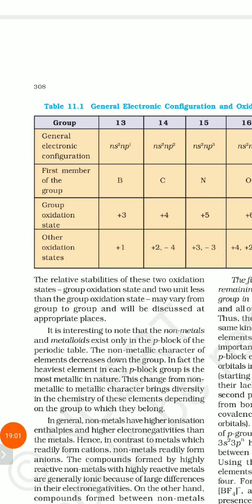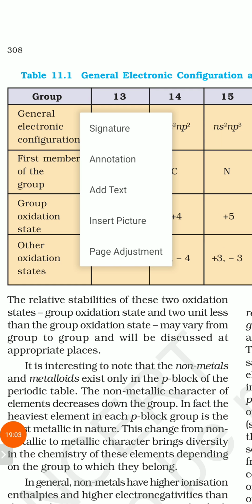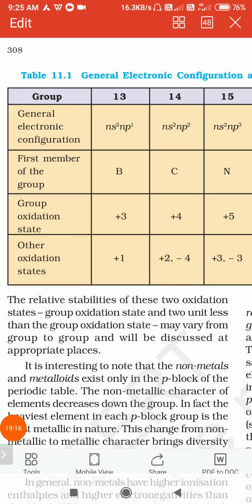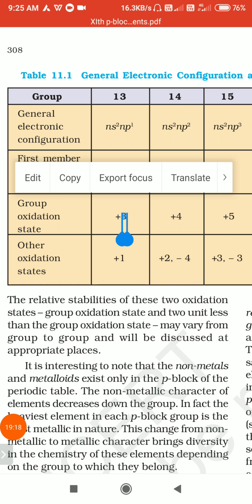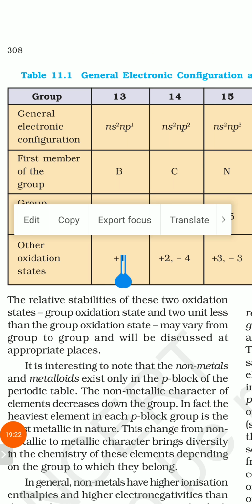The 13th group elements: what are the elements? Boron, aluminium, gallium, indium, thallium. All these 13th group elements exhibit plus 3 only, and the other oxidation state they exhibit is plus 1.